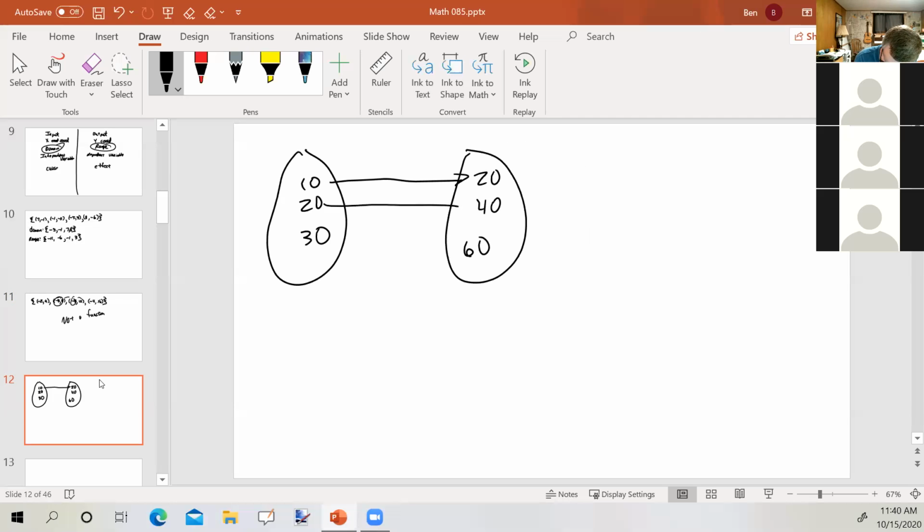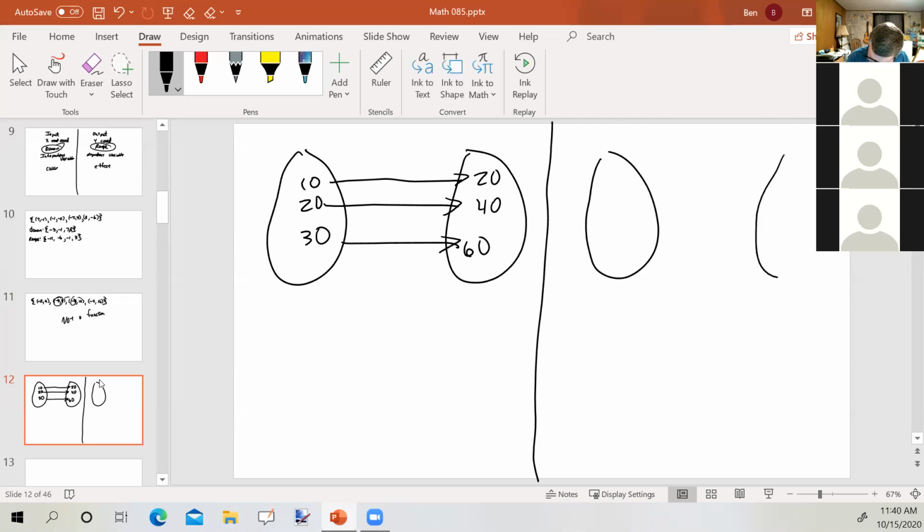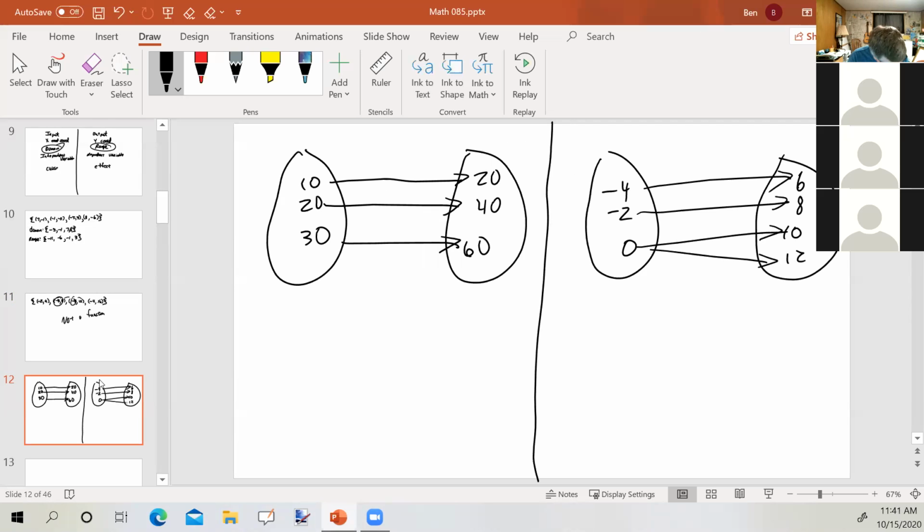This is called a mapping. The domain's on the left and the range is on the right. Function or not? Yes. Good. Function. Function or not?